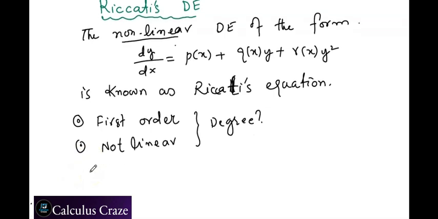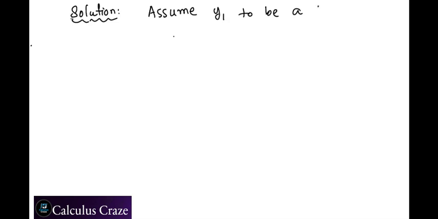So obviously we will adopt the common methodology that is used to solve this. So how to solve? The solution of such kind of equation involves these steps. First is to assume y1 to be a particular solution.